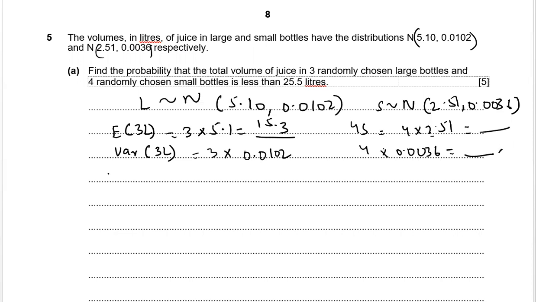Okay, so 3L plus 4S is following normal 25.34. Summing this value, this is coming 10 point something. Okay, 10.04 comma 0.045.